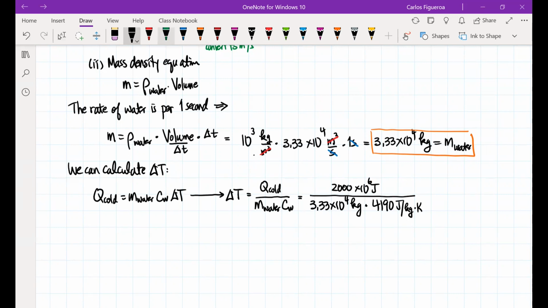The kilograms cancel, the joules cancel, and what's left is Kelvin. So I get a value of 14.3 degrees Celsius.